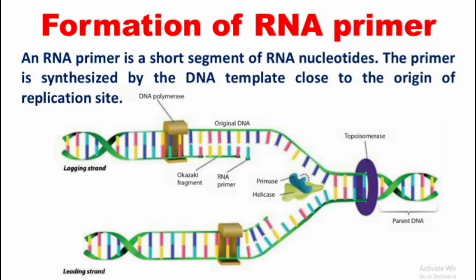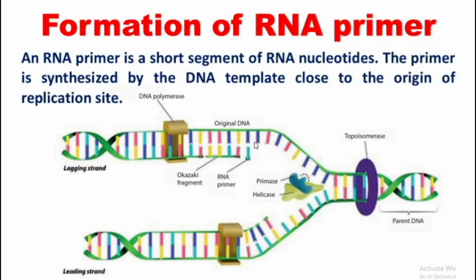The next topic is the formation of RNA primer. An RNA primer is a short segment of RNA nucleotides. The primer is synthesized by the DNA template close to the origin of replication site. So this is the RNA primer. So it has been synthesized by the DNA template, which is close to the origin of replication site, that is the replication fork.